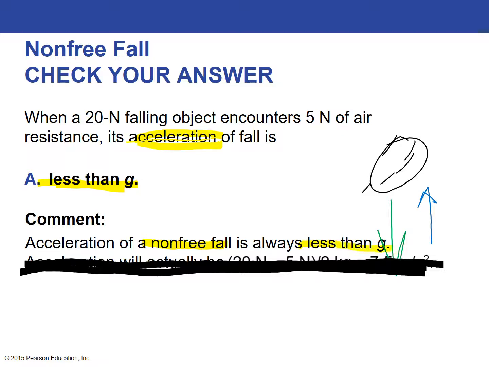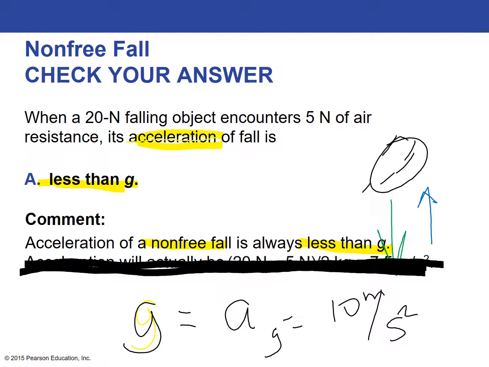our acceleration is less than g. And g is the acceleration due to gravity, and it's our magic number of 10 meters per second squared. Okay?